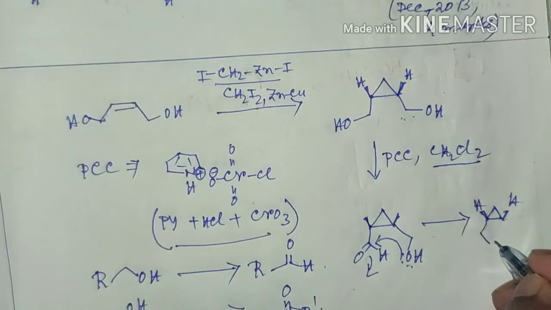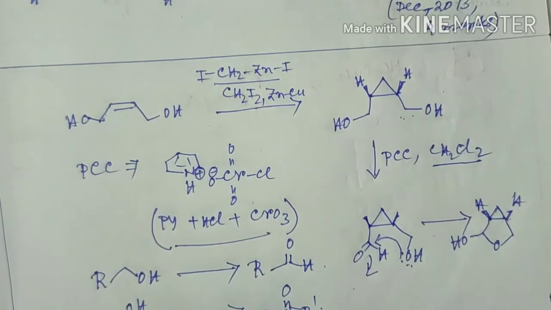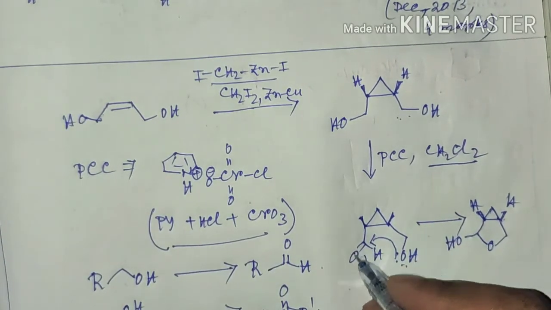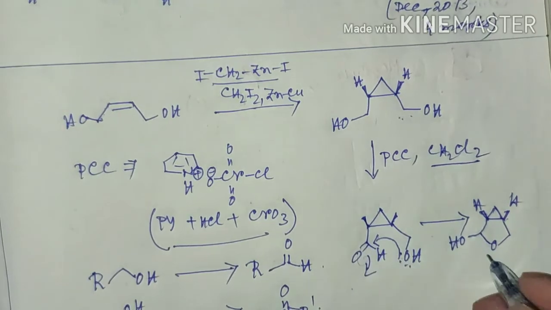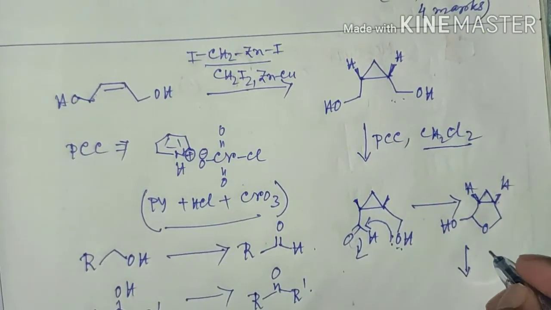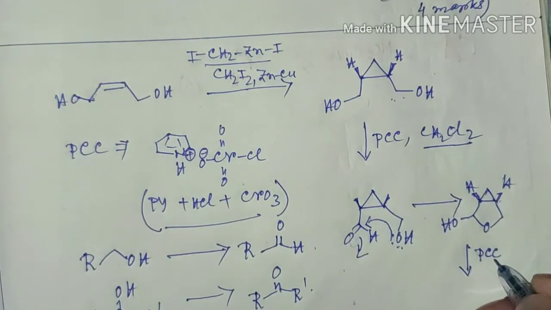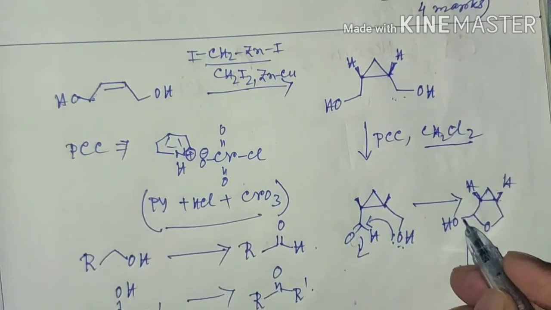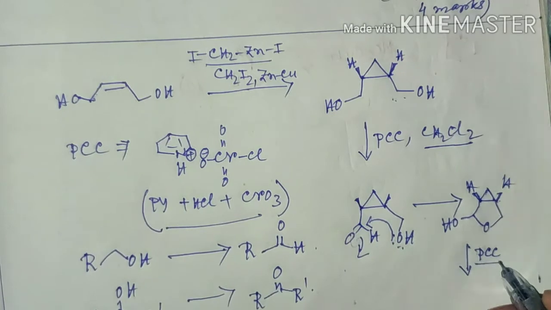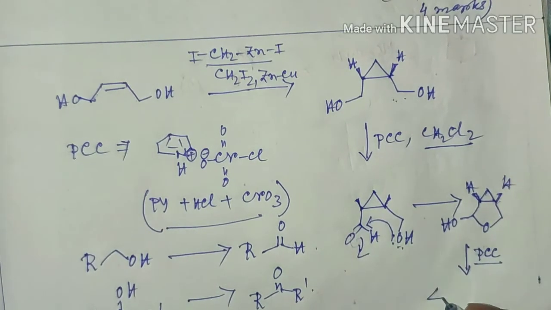That is a 5-membered lactol. Is it okay? Before the second oxidation, it will immediately react with the carbonyl or aldehyde to form this 5-membered lactol. And since PCC will be present within the reaction medium, it will oxidize this secondary alcohol, now this is a secondary alcohol, to the corresponding carbonyl species.